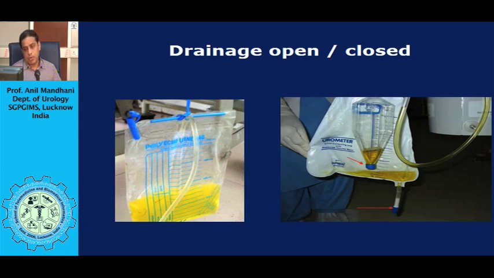So in patients who are not able to evacuate their bladder, they need clean intermittent catheterization. That is, patients by themselves pass a catheter into the bladder to empty the bladder. This has a significantly lesser chance of giving the patient infection.